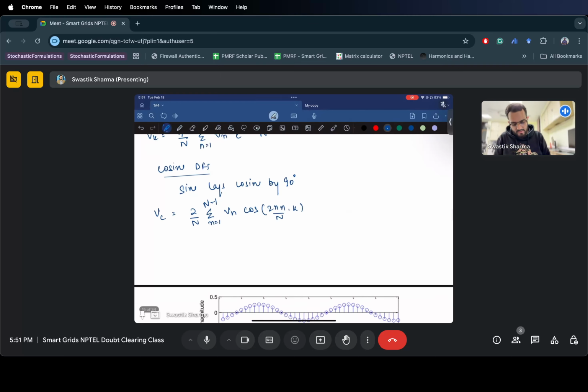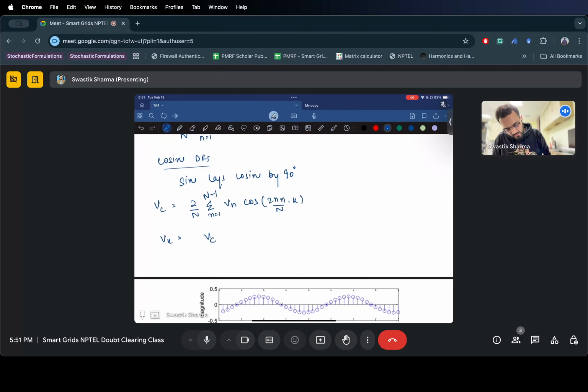And we can say that your VK is nothing but VC plus j times VC at n minus n by 4. So you see, for any given cosine, we just need to go back 90 degrees. Why have I done n by 4? Let's say for n full samples, you get 360 degrees of waveform. Then 90 degrees will be nothing but n by 4, and that is why we do it.